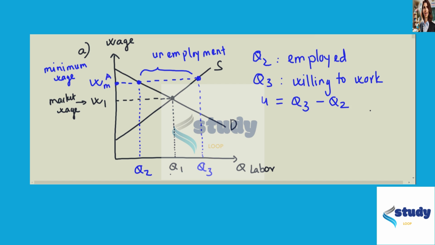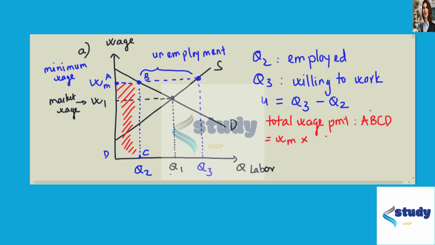So this is A, B, C, and D. And this area equals Wm times Q2. That is part A of the question.